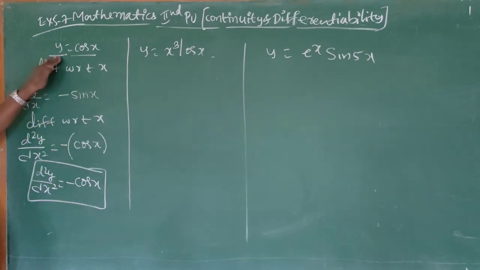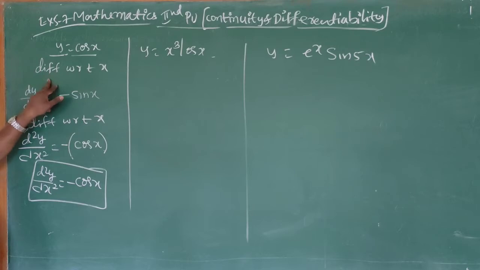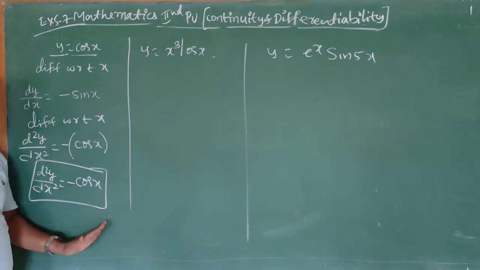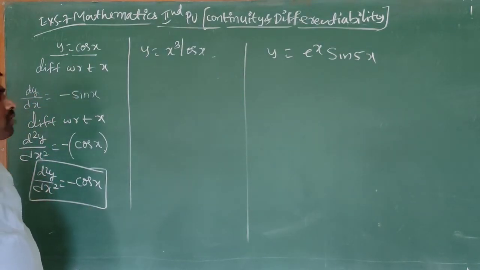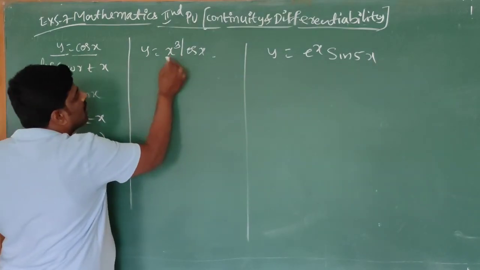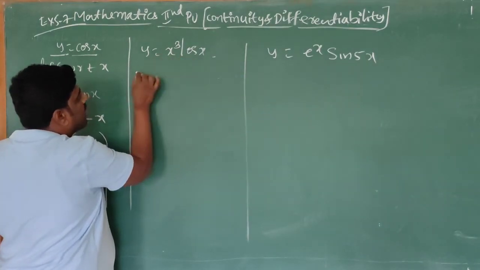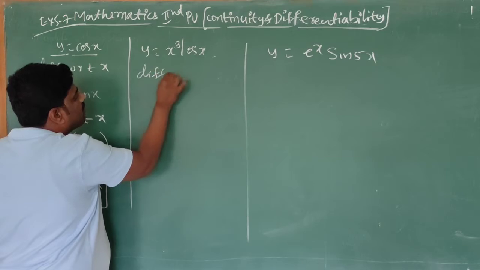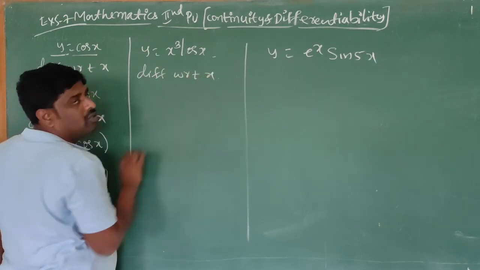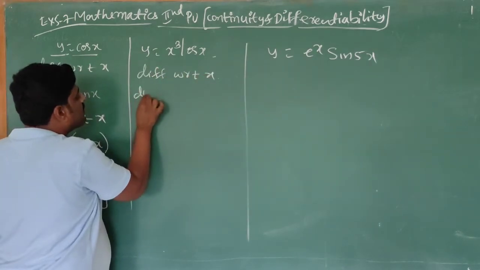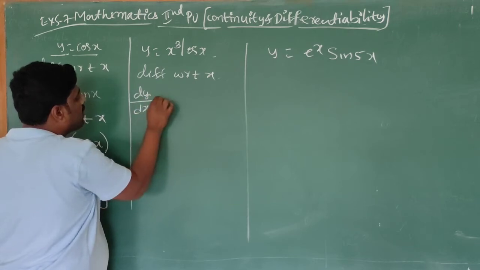Here second order derivative means we differentiate two times, that is called second order derivative. Now come to this function, y is equal to x cube log x. Differentiate with respect to x. y differentiation is dy by dx.